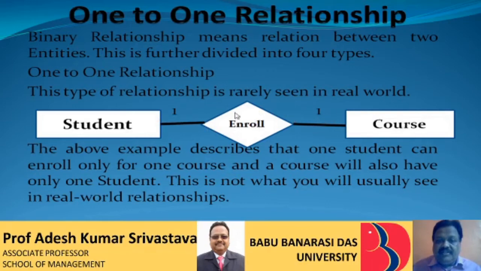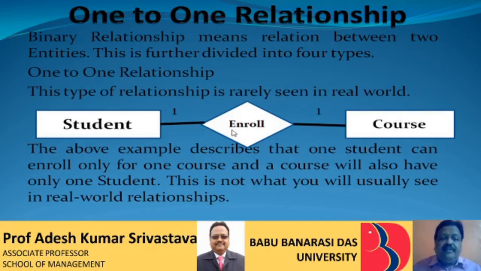Here you see one, here also you see one. A course will also have one student, meaning that course may not have more than one student. So this is not what you will usually see in real world relationships. That's why we said this type of relationship is rarely seen.